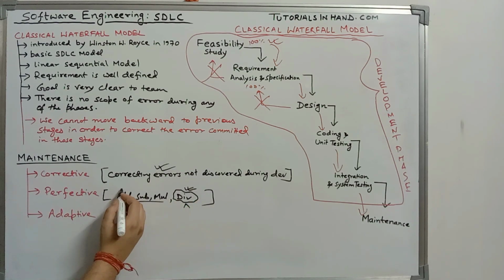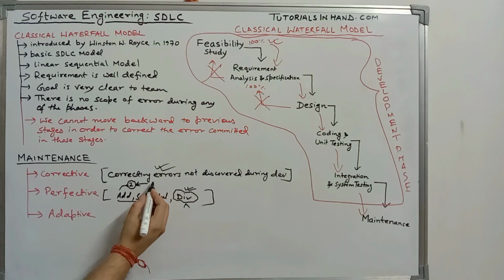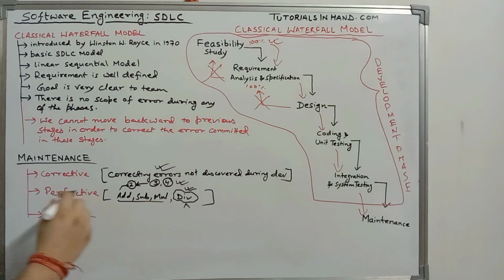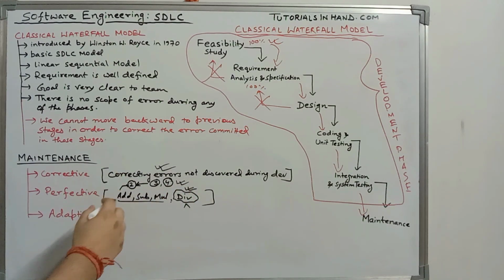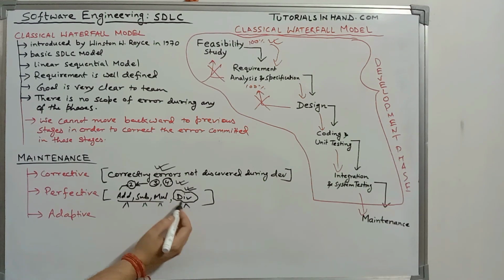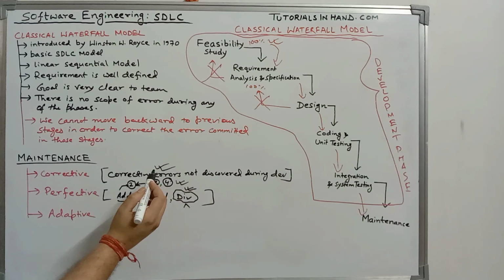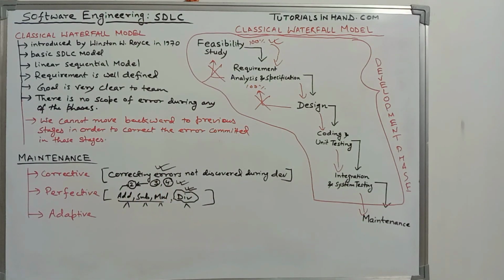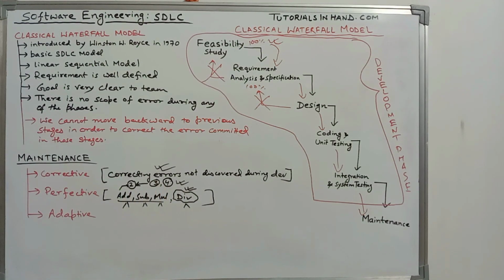Or say suppose addition, subtraction or anything was happening only for two numbers. Now they want you to enhance it to accept 3 or 4 numbers. So you should implement that, and let your addition, subtraction, multiplication and division modules accept 3 or 4 parameters as well, and perform the operation on these 3 or 4 numbers as per the customer's requirement.